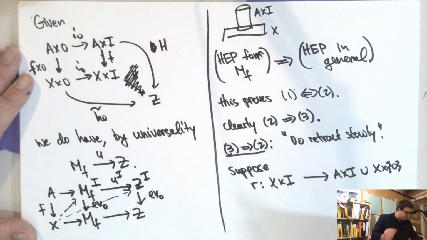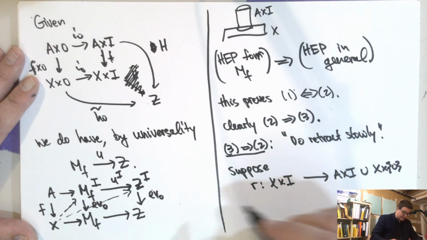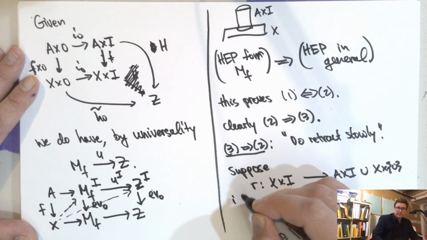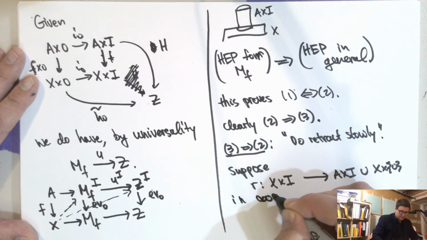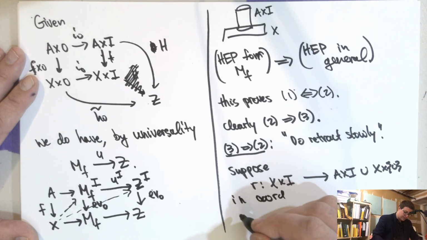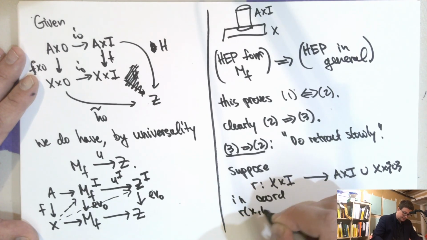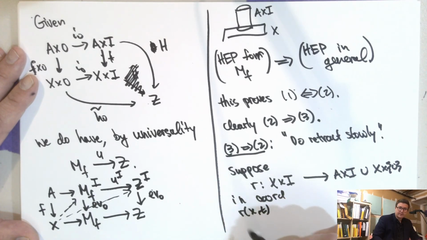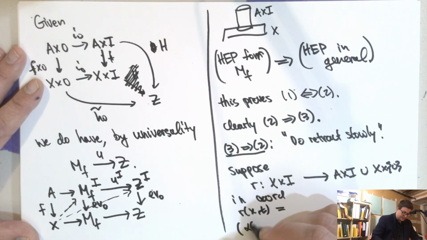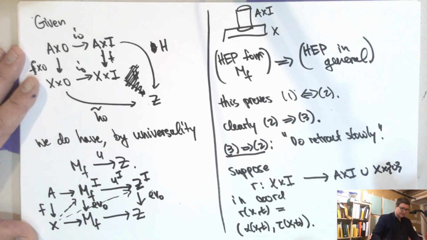Okay. And so let's write it out in coordinates. So in coordinates, all right. So we'll write r of (x,t), and it's going to have 2 components. And so we'll write it as alpha of (x,t). So this is the part that goes to A, and tau of (x,t). All right.